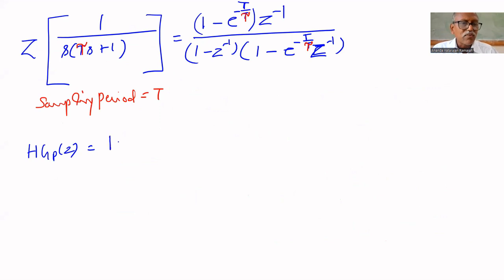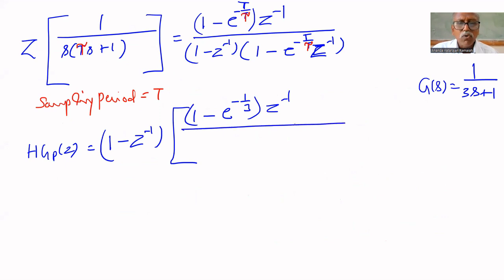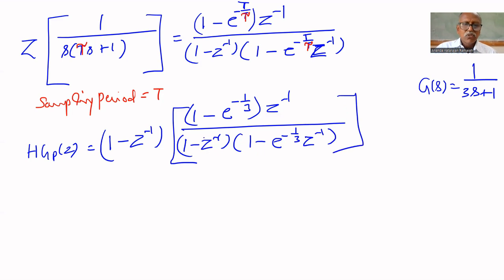Therefore, HGP of z equal to 1 minus z power minus 1 multiplied by 1 minus e power minus 1 by 3, because we assumed g of s equal to 1 upon 3s plus 1, multiplied by z power minus 1 whole divided by 1 minus z power minus 1 multiplied by 1 minus e power minus 1 by 3 z power minus 1. So these two get cancelled.